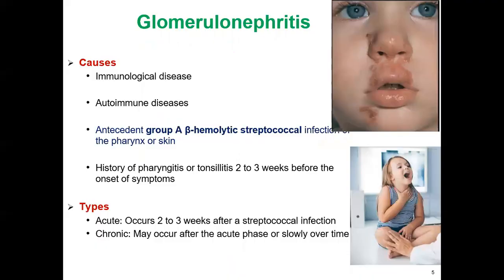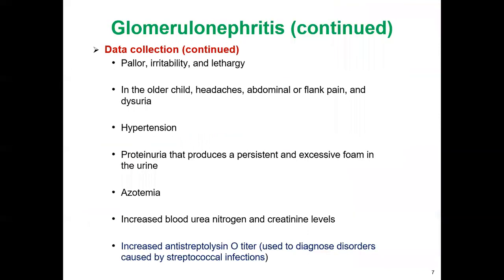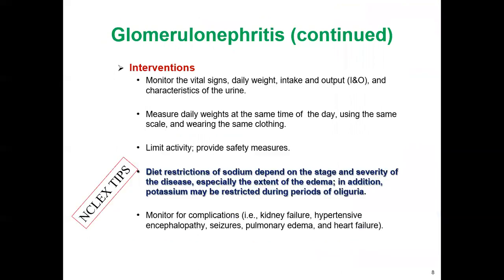And if you go for a throat culture, it is positive for group A beta-hemolytic streptococcus. For this bacteria, we need to give antibiotics for infection, diuretics for edema, antihypertensives for high blood pressure, and corticosteroids as well.